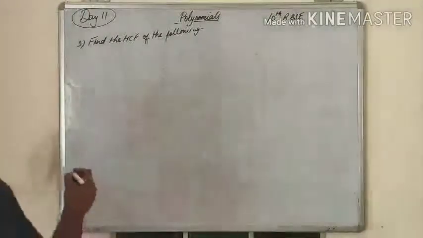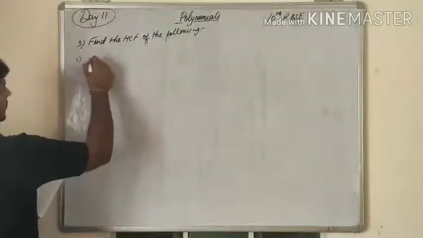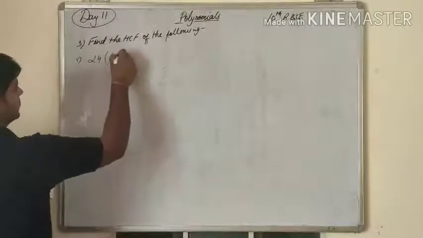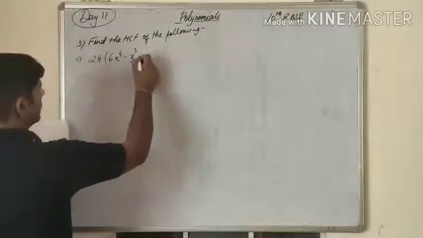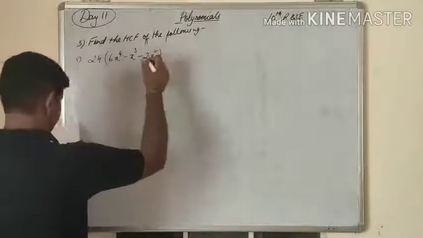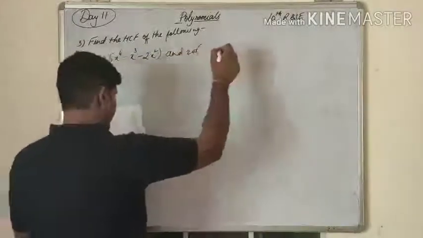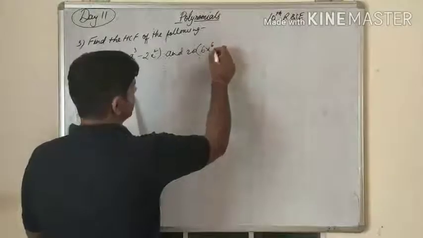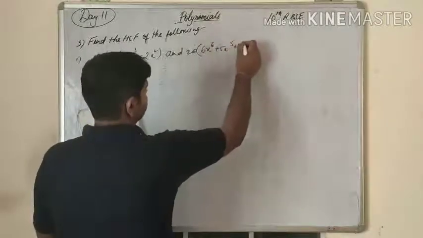Its fifth part, 24 into 6x raised to 4 minus x cube minus 2x square, and 20 into 6x raised to 6 plus 5x raised to 5 and x raised to 4.